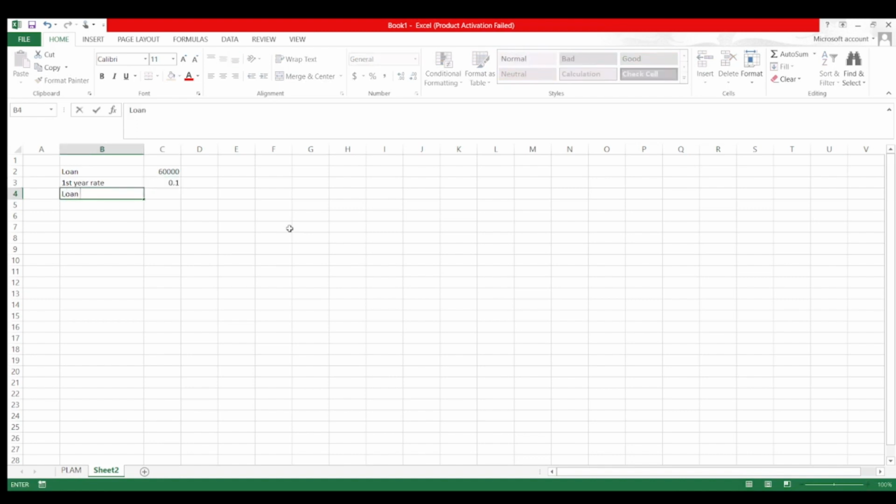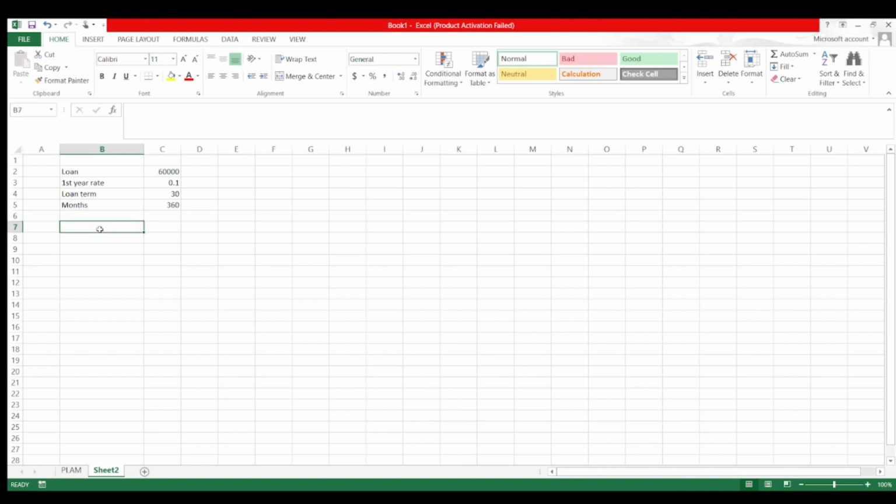So the loan term is 30 years. So the total loan term should be in months, since it's compounded on a monthly basis. So that's 30 times 12.